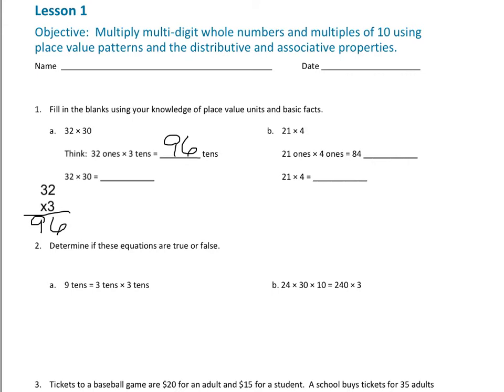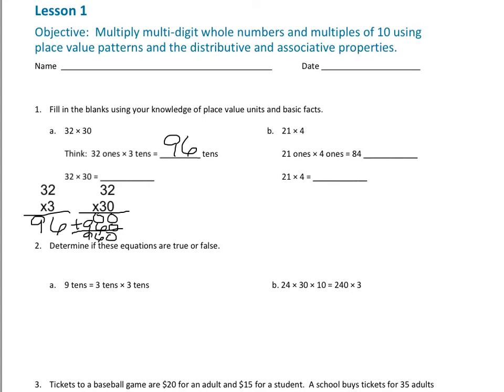Now we're going to multiply 32 times 30, which is essentially the same question, except instead of writing 3 tens, we have the number for 3 tens, which is 30. We know that 0 times any number is 0, but let's get started. 0 times 2 is 0. 0 times 3 is 0. We bring down a placeholder 0 because the 3 that we're going to multiply these two numbers by is in the tens place. 3 times 2 is 6, and 3 times 3 is 9. 960 plus 0 is 960.